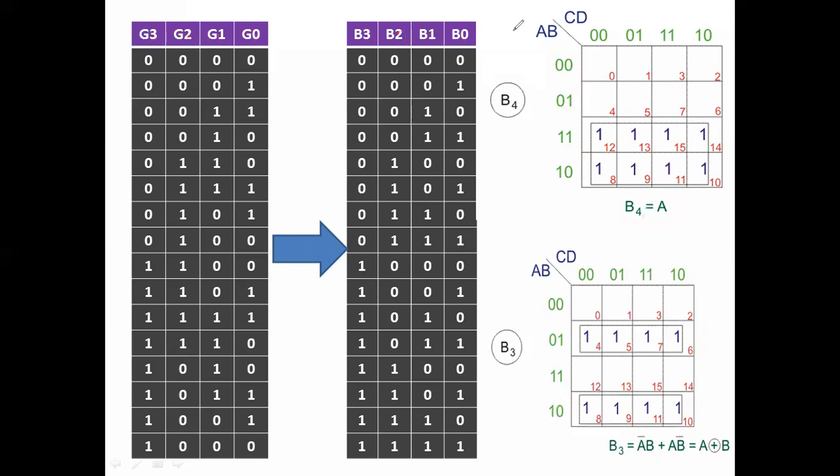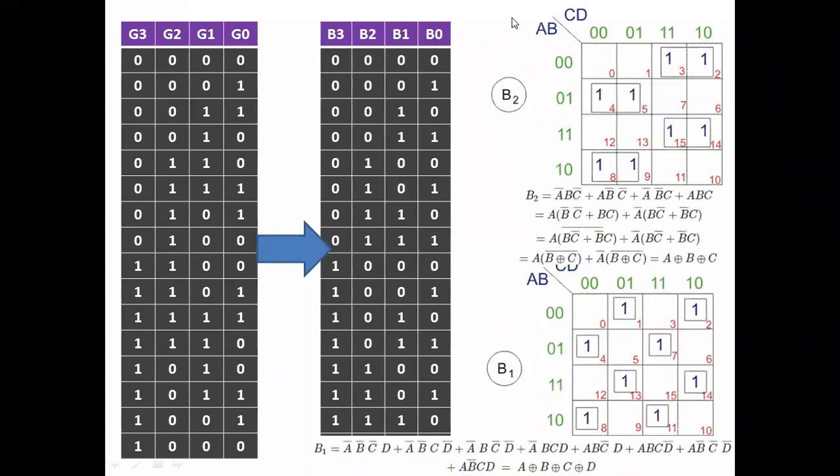Similarly, by taking the third column, that means for obtaining the binary equivalent of B2, you have to take this particular column along with the given gray variables A, B, C, D. Then fill the Karnaugh map.